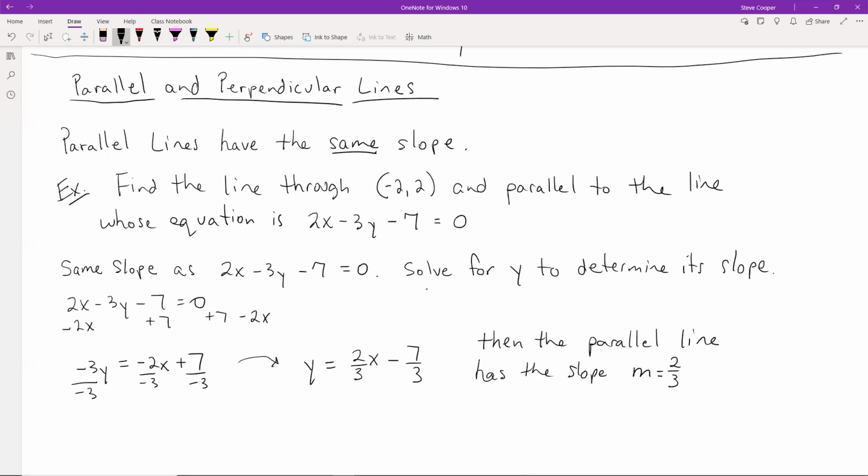So now I know I'm working with a slope of 2/3, and I'm going through the point negative 2, 2. So that means I can use point slope form to construct the line.